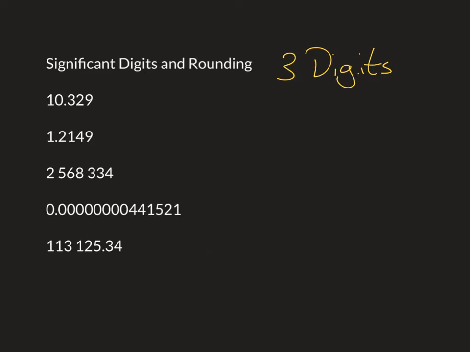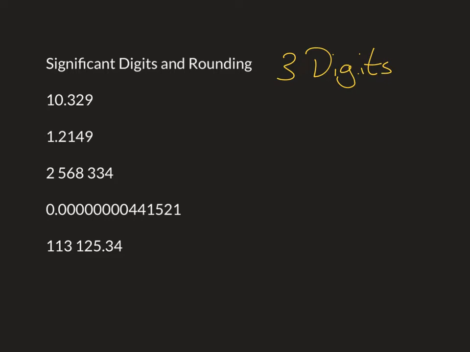All right, so let's talk about how to round a number to the correct number of significant digits. I just want to talk about my rules for rounding, which are everyone's rules for rounding, I guess. So let's go through how to round, so you guys are clear on what I want.